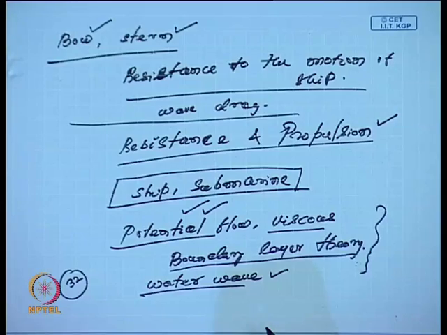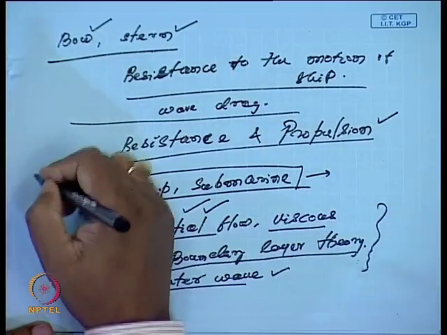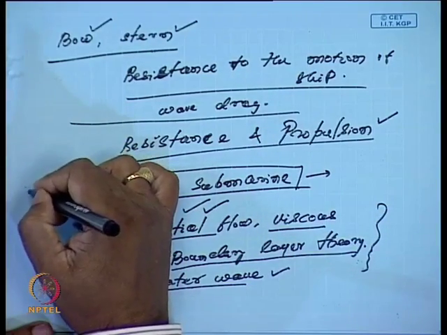Another important point I would like to highlight is drag reduction. Particularly in the design of ships, submarines, or any ocean related vehicles, we always consider the body as a streamlined body.